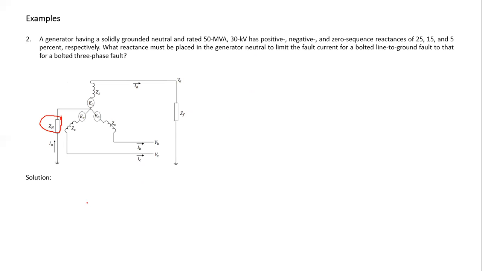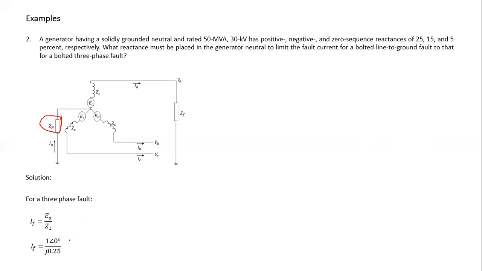First, we solve for the three-phase fault. IF is EA over Z1, or ISC is equal to 1 over Z1, the positive sequence impedance.